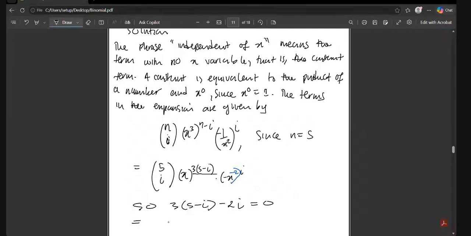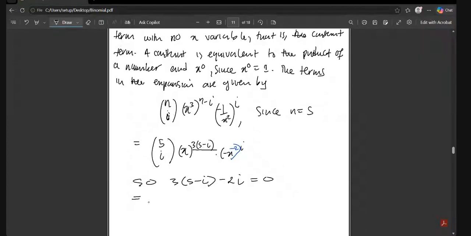So this implies 15 minus 3I minus 2I is equal to 0, and this implies negative 5I is equal to negative 15. This implies I is equal to 3.